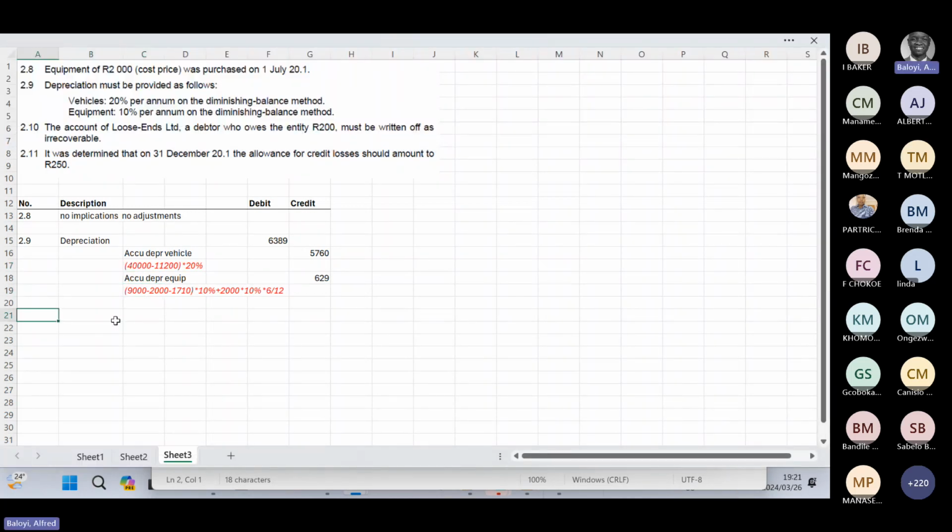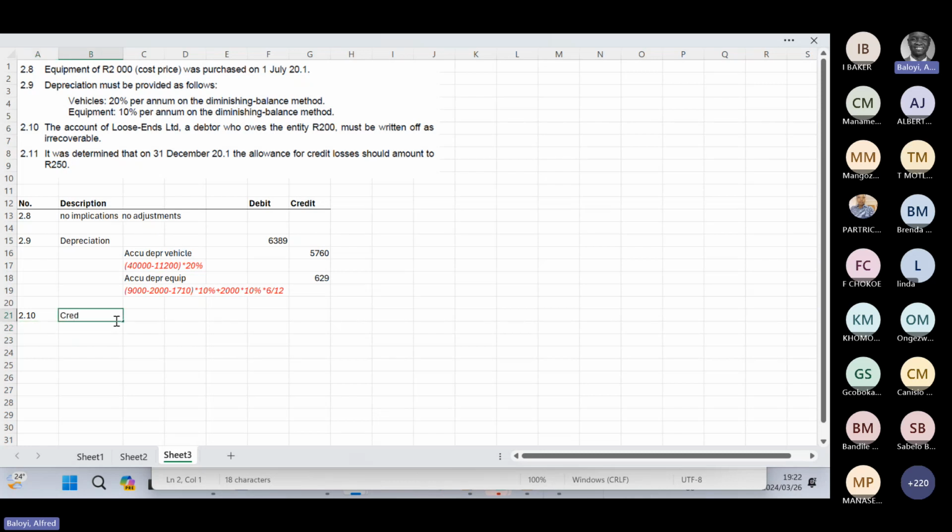And then if you move to 2.10, the account of a debtor who owes the entity 200 must be written off as irrecoverable. So what it means is that this Loose Ends Limited purchased from us on credit, and now they are not able to pay.